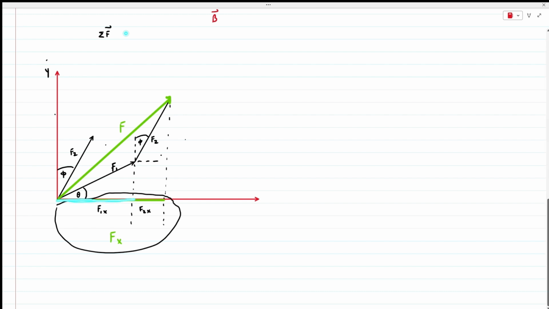This would be F1x. The F2x is the same thing, F2 projected onto the x-axis, shown right here, F2x. Their sum is going to be the total x component of the resultant force, Fx.